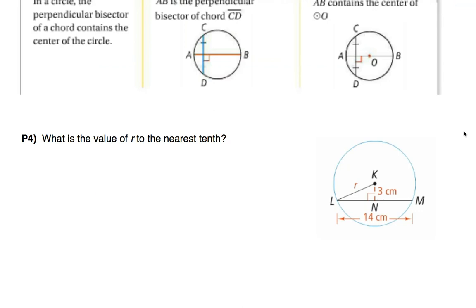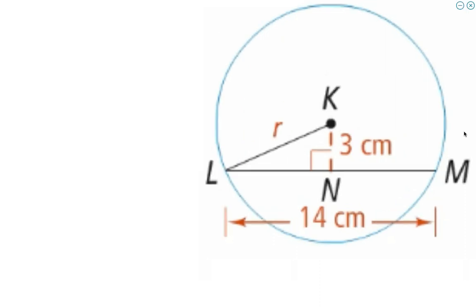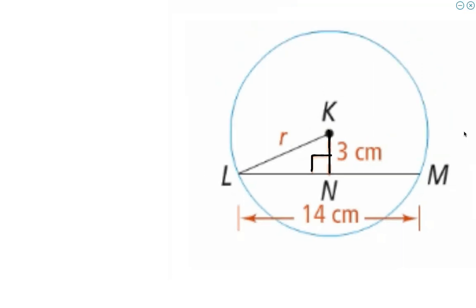All right, what is the value of r to the nearest tenth? All right, so we know that this is going to come down here, and it's a right angle. Now, this could easily extend all the way up and all the way down.